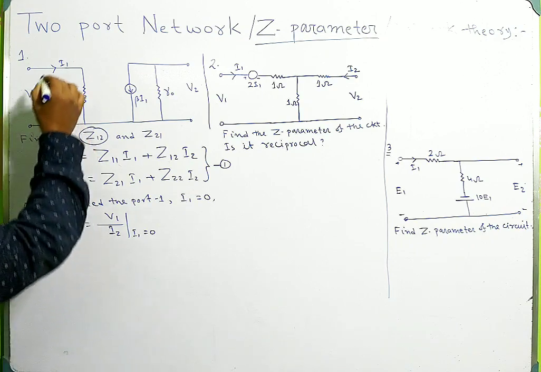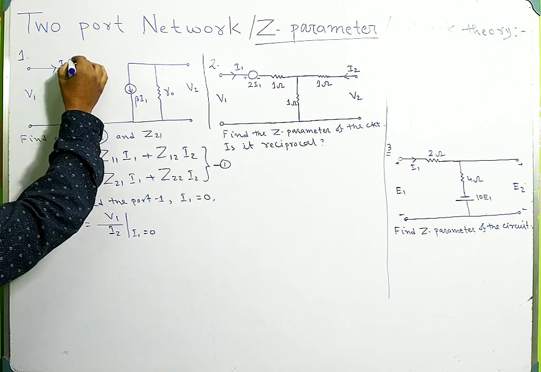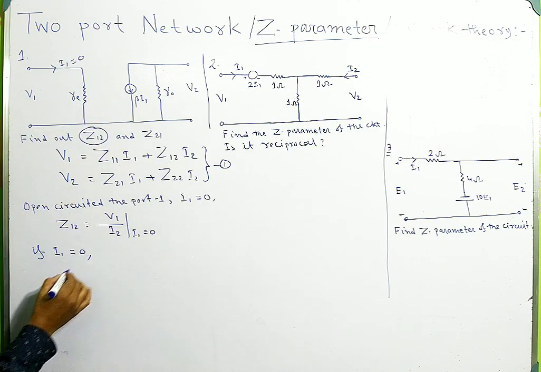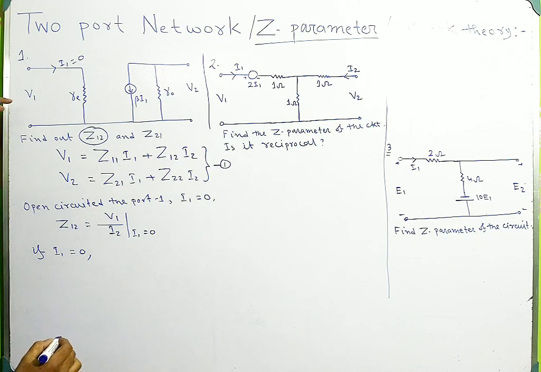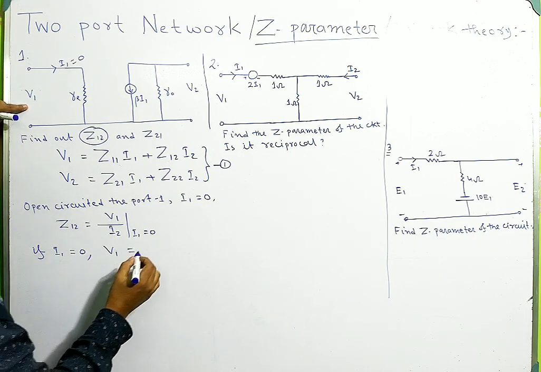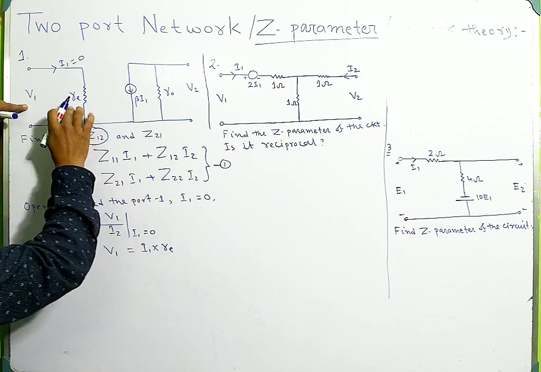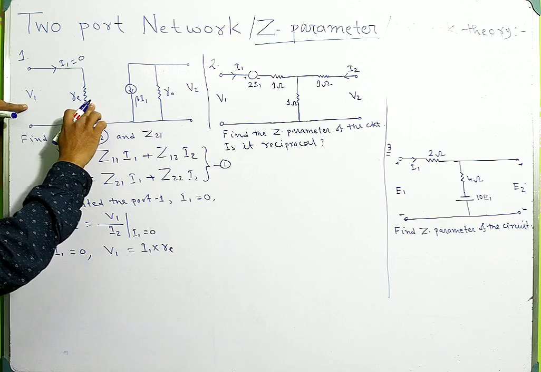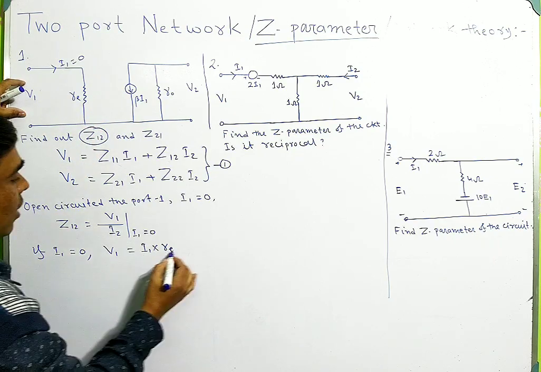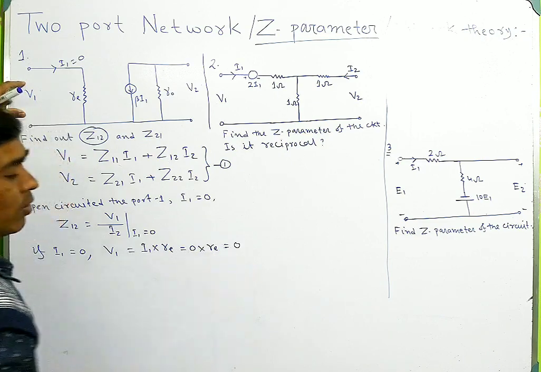Now if I1 is 0, then V1 is given by I1 into Re. This is resistance, and current multiplied by resistance gives the voltage V1. This current is 0, so 0 multiplied by Re must equal 0.